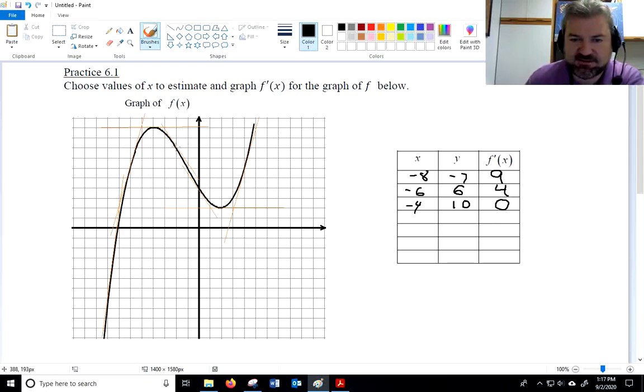So right around here at negative 2, we have fallen down to 8. And my tangent line there is somewhere around negative 2. And then if I travel over to an x value of 0 and a height of 4, I'm still getting a slope of negative 2.